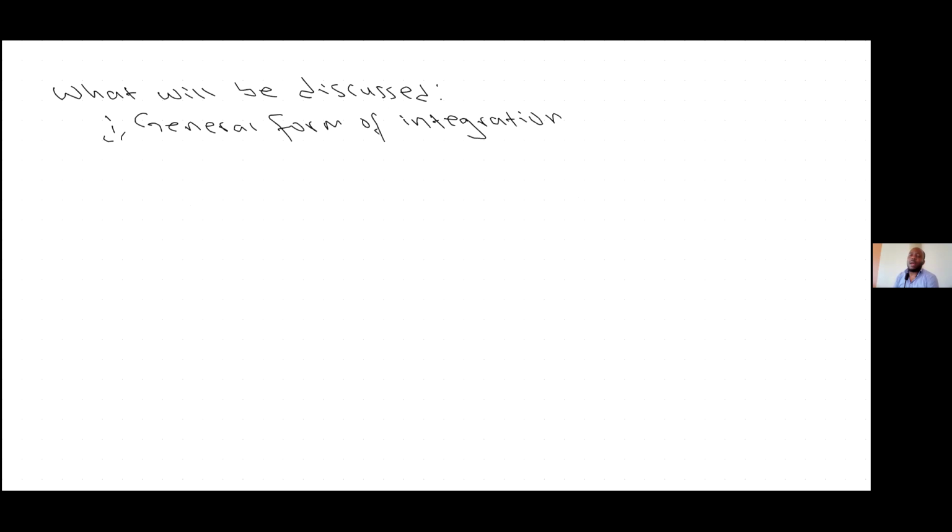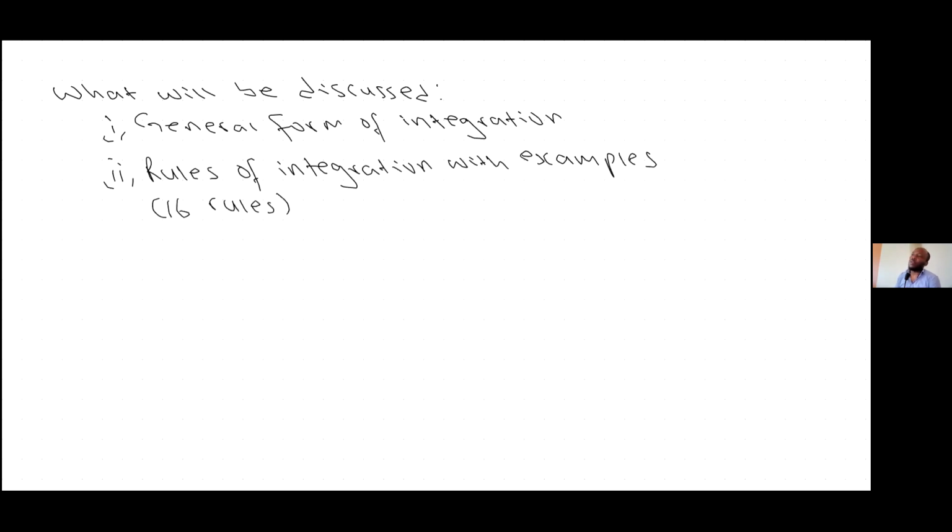Then when I'm done with that, I'm going to talk about the rules of integration. I'm going to do this with examples, and approximately, if I can remember, I'm going to talk about 16 rules.